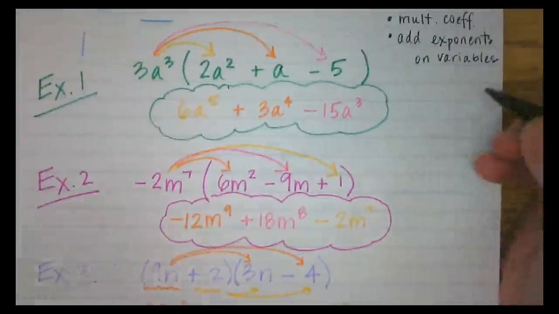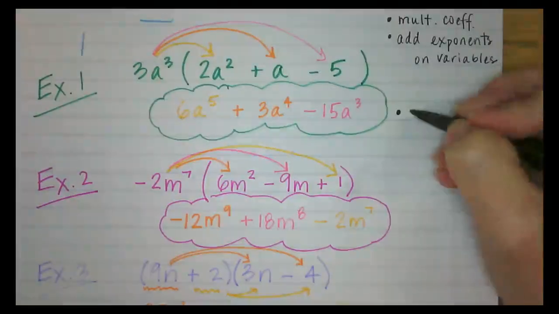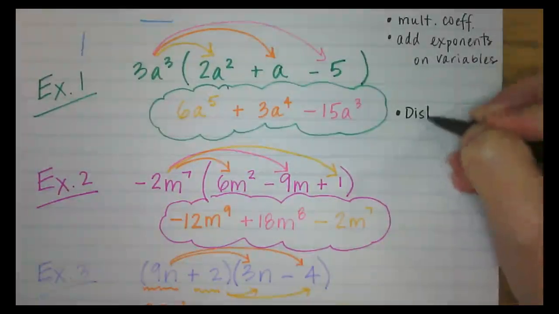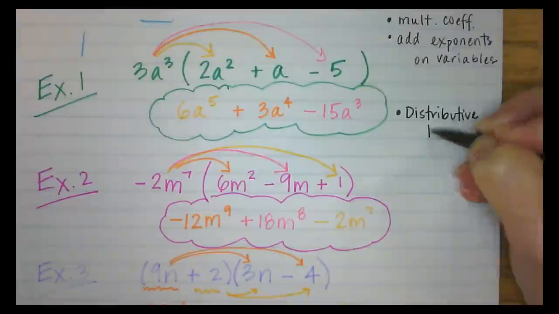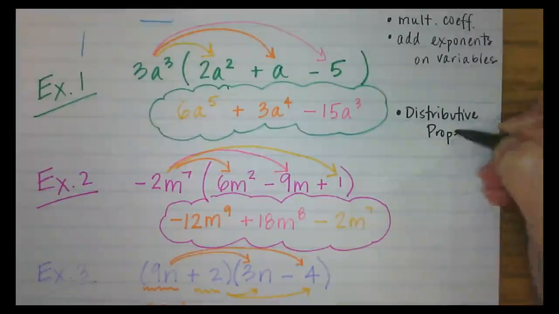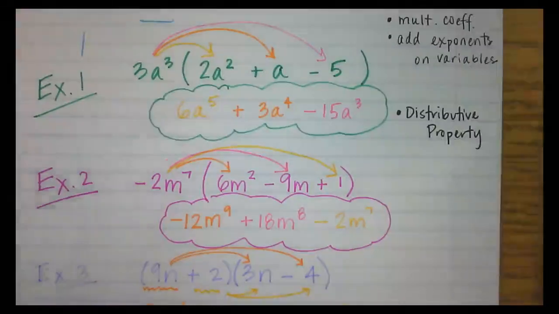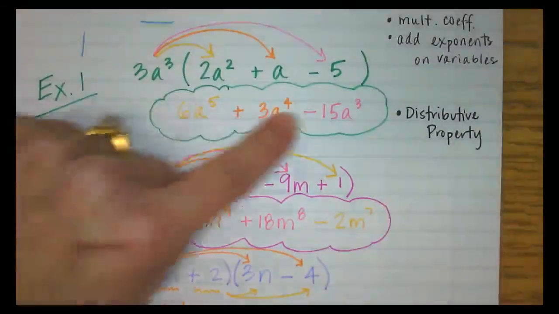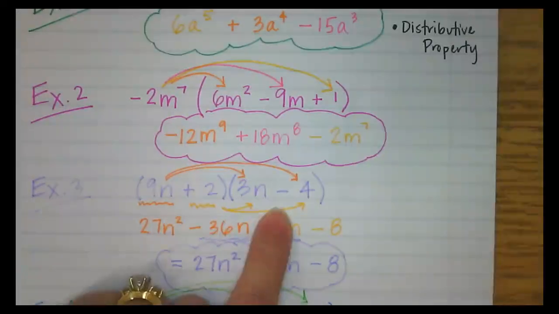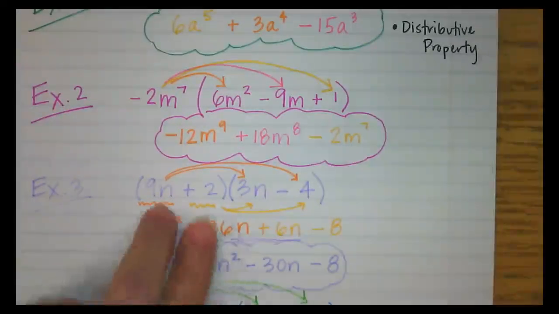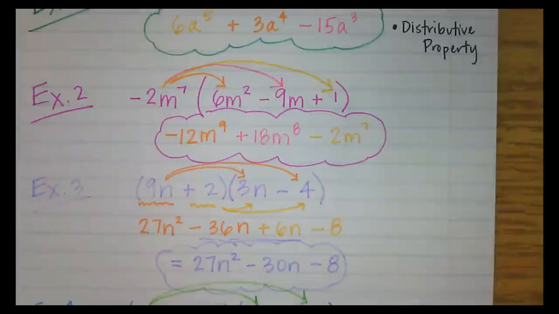And then basically all we're doing is using distributive property. So you just need to pay attention to whether you have a monomial that you're distributing or a binomial that you're distributing. So if you have a binomial, you have to do distributive property twice.